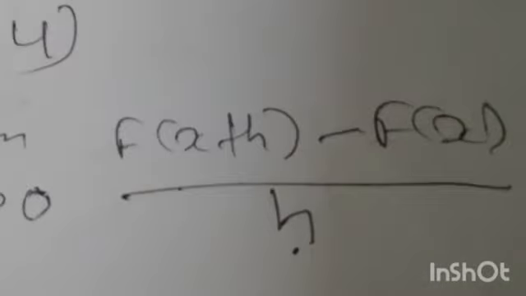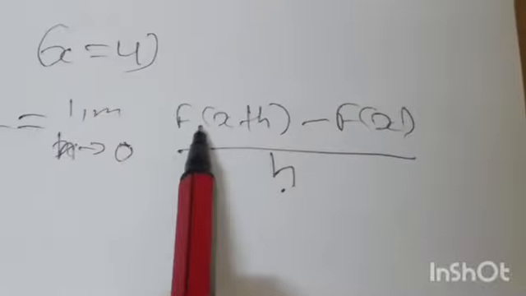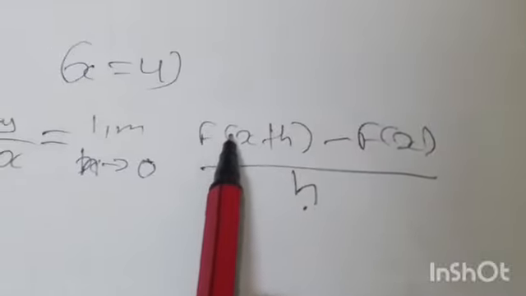So we're going to use this formula now to differentiate this function. f of x plus h is just the same as, where there is x in this function, you place x plus h. So let's replace x plus h in this function here.